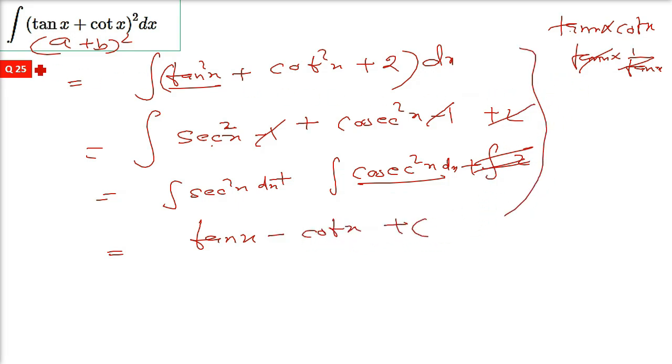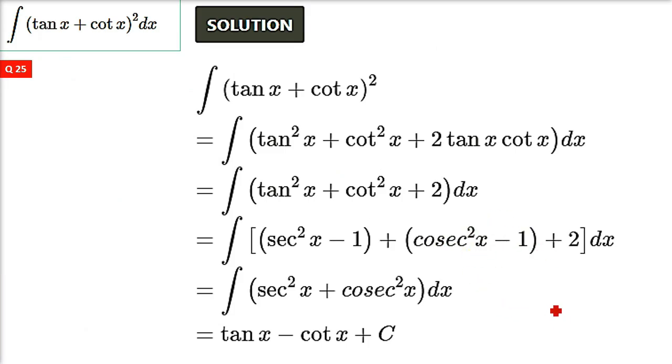This is how we have used this formula, a plus b whole square. Then we used again the formula tan square x equals sec square x minus 1 and cot square x equals cosec square x minus 1. 2 gets cancelled with all of them, and then we have the standard results: integration of sec square x, which is tan x, and integration of cosec square x, which is minus cot x. So this is how you learn the formula also, you solve it also. This is the formal way or the clear way to understand.